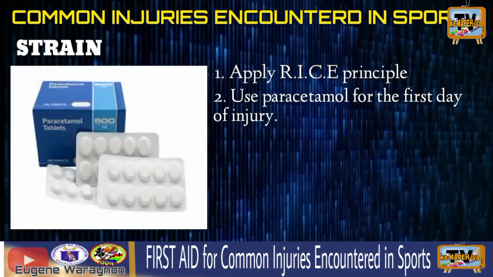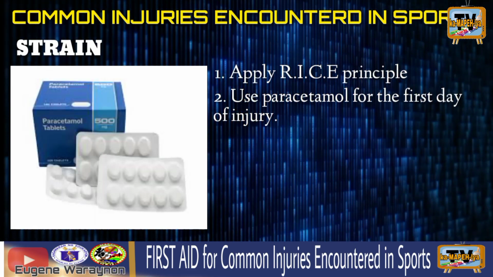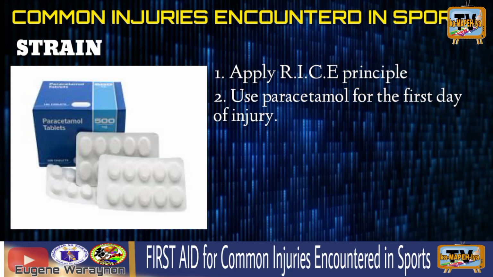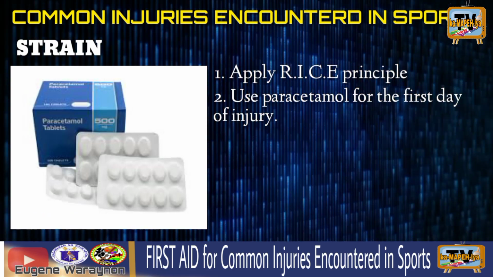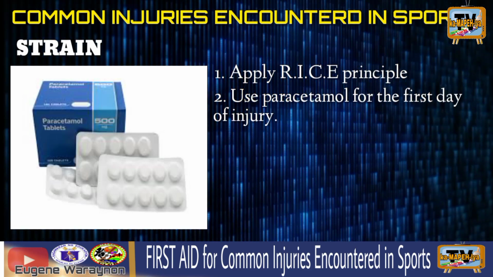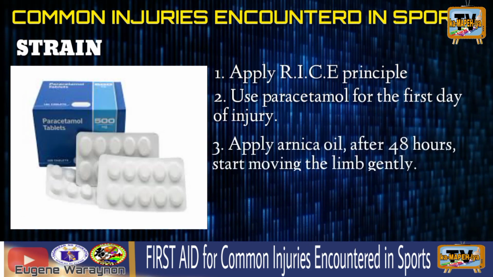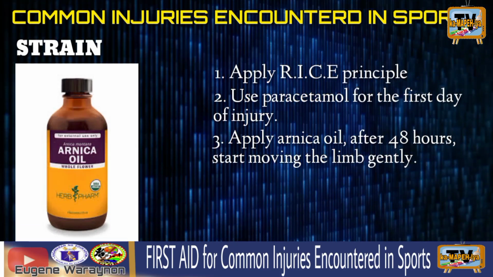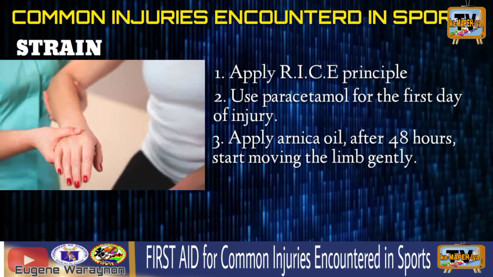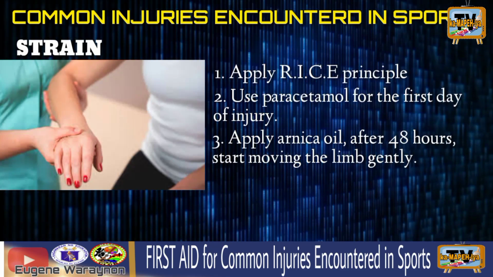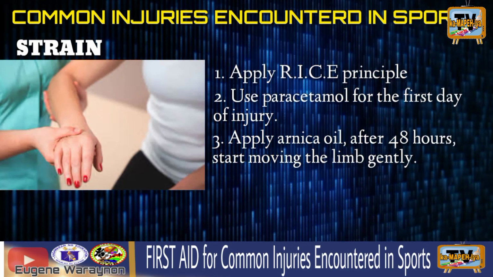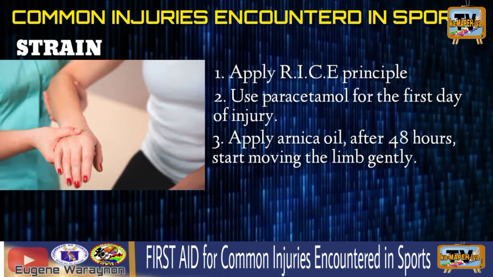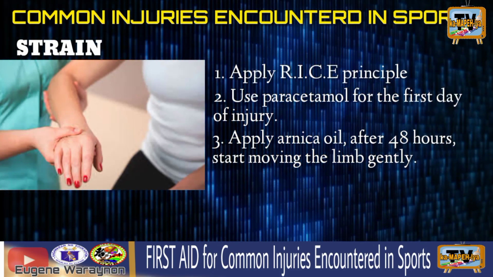Next, do not apply heat during the first 2 days. You may use paracetamol for the first day of injury to reduce pain without increasing bleeding. Then apply arnica oil to reduce swelling. After 48 hours, start moving the affected limb gently and gradually increase the range of movement, or let the pain be your guide.